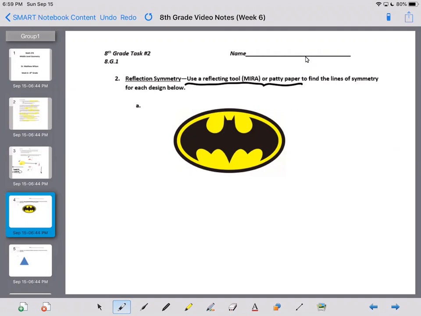Now, what I would suggest is you may not have either one of those, so how about a centimeter ruler? If you're using a centimeter ruler, you're thinking, where can I draw a line to create symmetry? Well, if I go straight across horizontally in the Batman symbol, you're seeing that up here, that's not going to fold over that line and land anywhere here. So it doesn't have that horizontal symmetry that we're looking for.